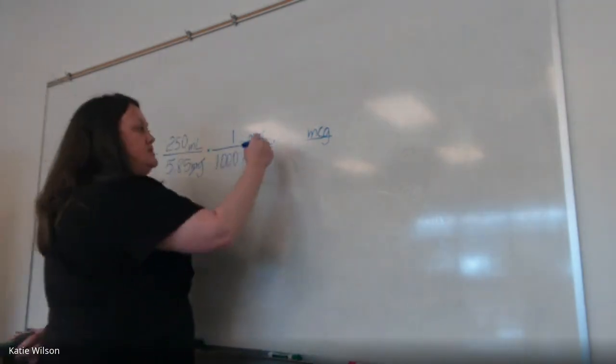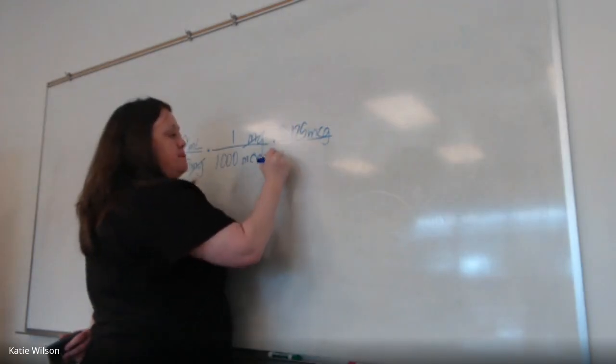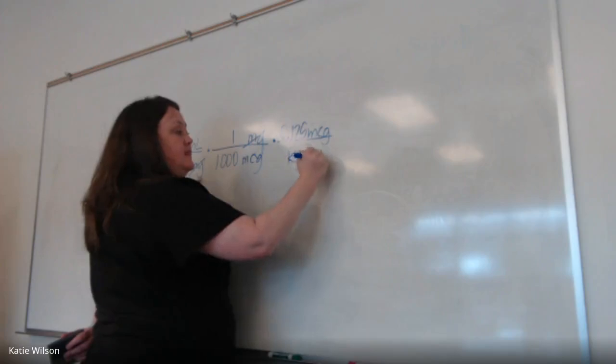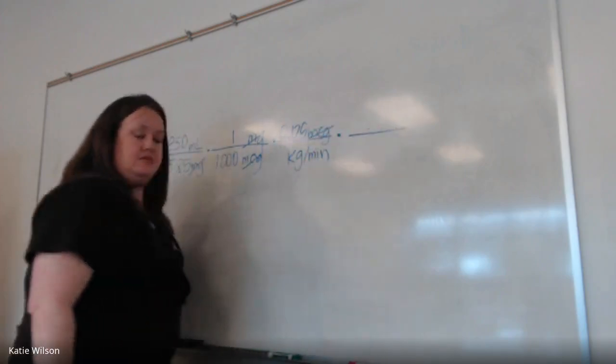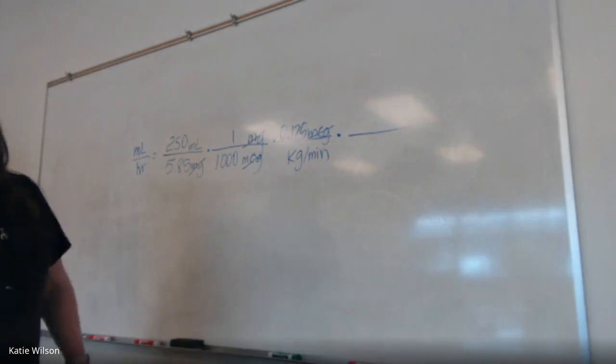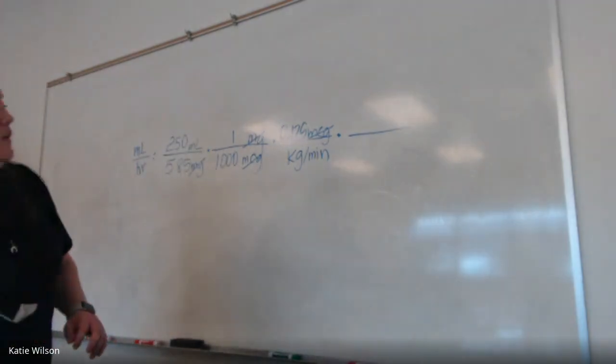0.125 micrograms over what? Kilograms per minute. Okay. So now what do you want to get rid of first? Kilograms or minutes? Kilograms? It's up to you, whatever you want to do.